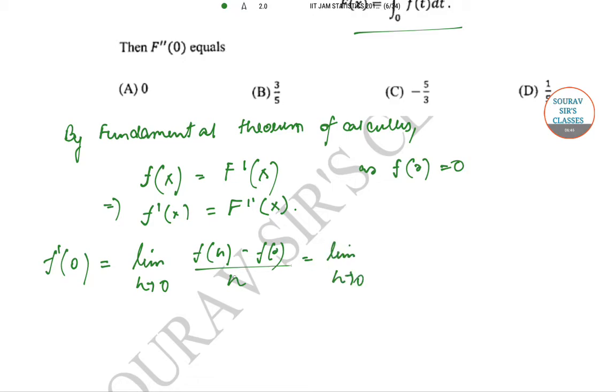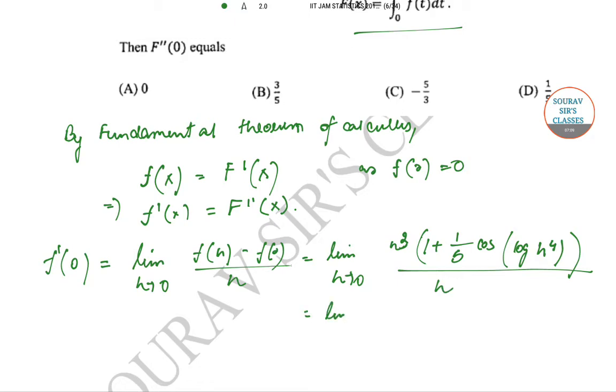The limit as h goes to 0, and f(h) is equal to h cubed times (1 plus 1/5 cos((log h)^4)), divided by h, which is just equal to the limit as h goes to 0 of h squared times (1 plus 1/5 cos((log h)^4)).